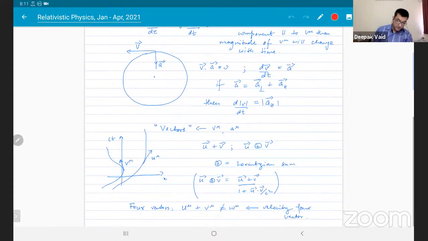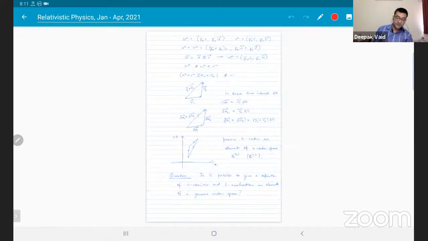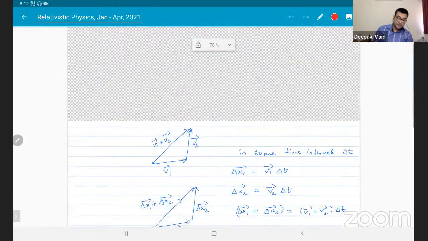And also I pointed out the fact that these objects, we call them vectors, but they are not really vectors in the traditional sense. They are not, I think the way to say it would be that they are not elements of an affine vector space. So you cannot add two such vectors to get a third vector which also has the same properties.